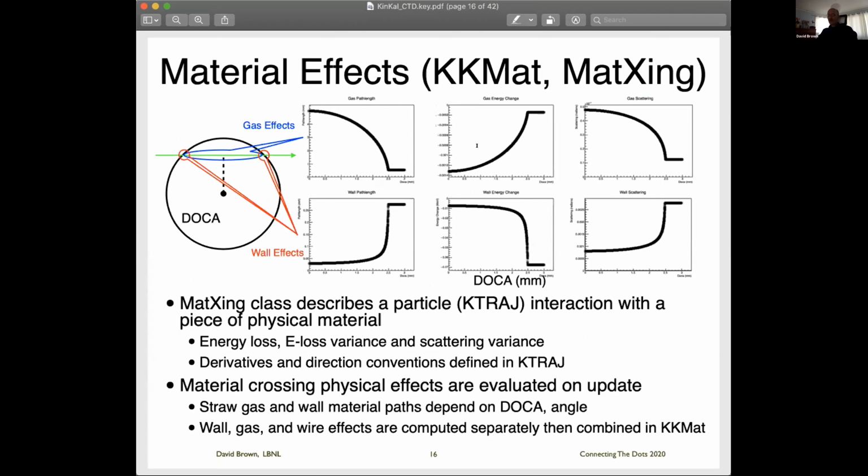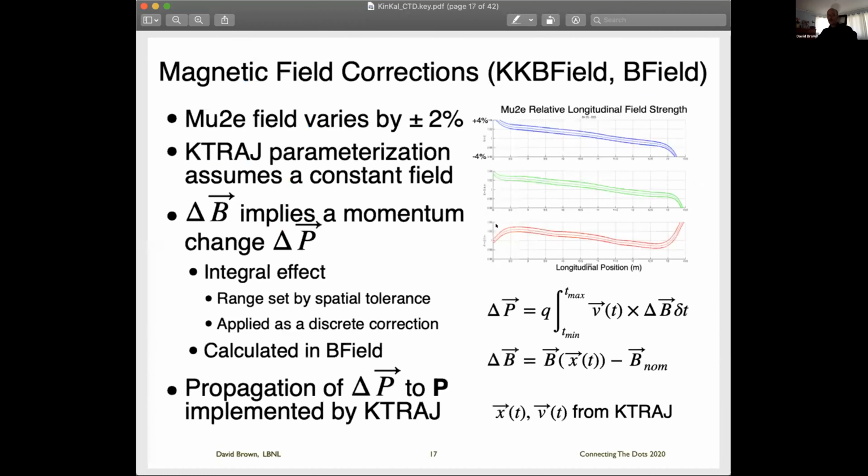There are also magnetic field effects that need to be taken into account. This on the right is a graph projection of the model of the Mu2e magnetic field within the range where we do precision tracking. It's a plus or minus 2% variation that depends also on your position. These are important on the scale of the resolution that we need to achieve, and so they have to be corrected for.